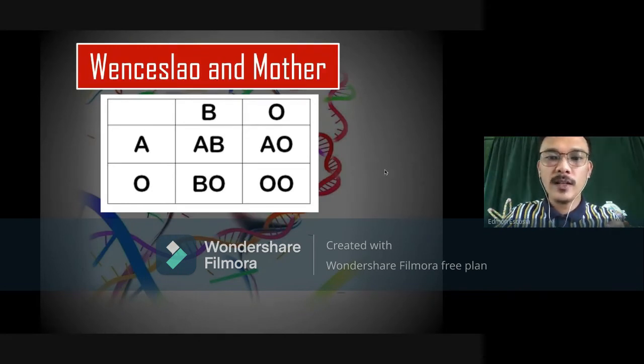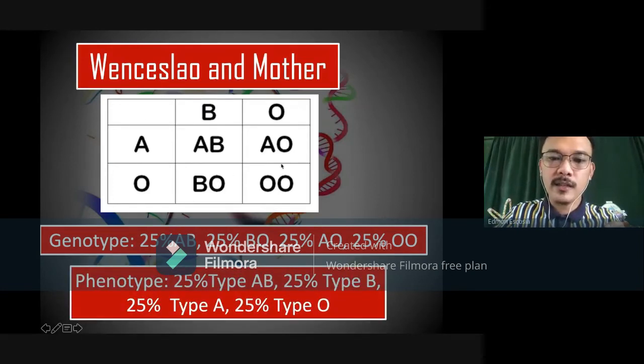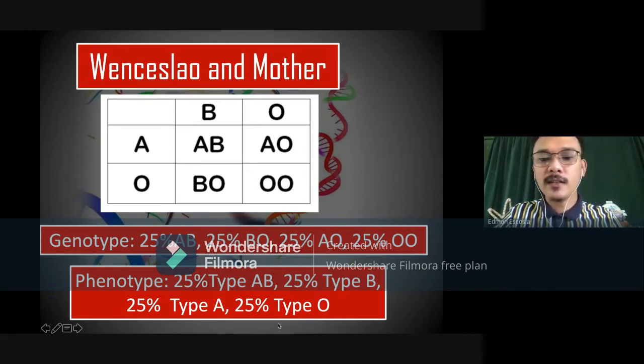Okay, since Wenceslao has blood type O, heterozygous, and the mother is type A, after the cross, we would be able to produce this offspring, and this is type O. There's just a 25% chance that one of the offsprings is type O, and it is already a reason for us to conclude that it is Wenceslao who is the real father or the biological father of Jose Diva.